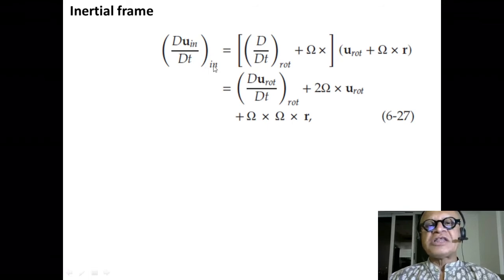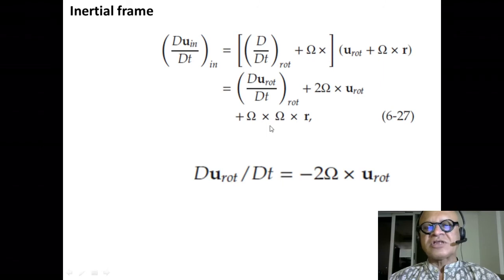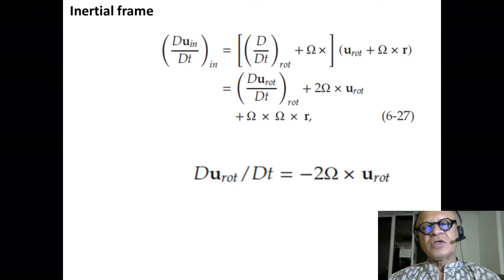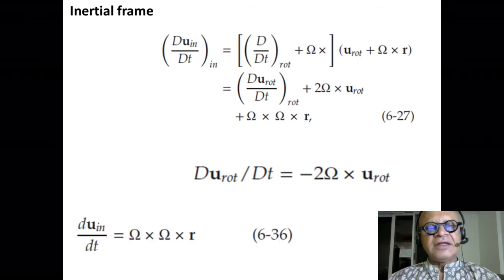Writing our equation again in the inertial framework, you remember this form. We derived du rotational/dt plus 2 omega cross u rotational plus omega cross omega cross r. We were basically trying to create a situation where all the other terms disappear and the only force left is the Coriolis, and in this case du inertial/dt is just omega cross omega cross r.